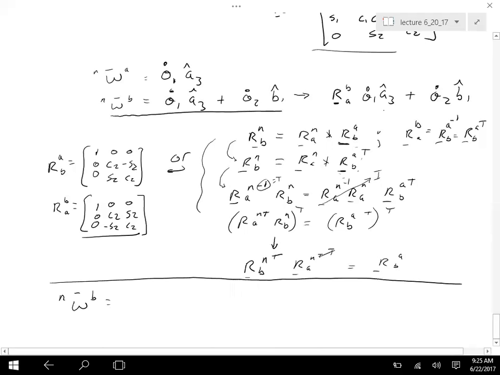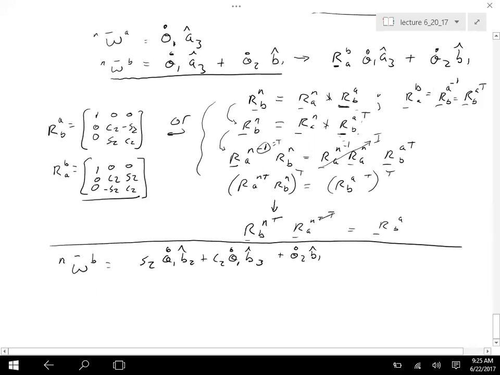So I just have 0 times theta 1 dot in the B1, sine theta 2 times theta 1 dot in the B2, cosine theta 2 times theta 1 dot in the B3. Just walk through that multiplication. So it was sine theta 2, theta 1 dot in the B2, plus cosine theta 2, theta 1 dot in the B3, plus theta 2 dot in the B1. So there we go. I've got my B1, B2, B3.